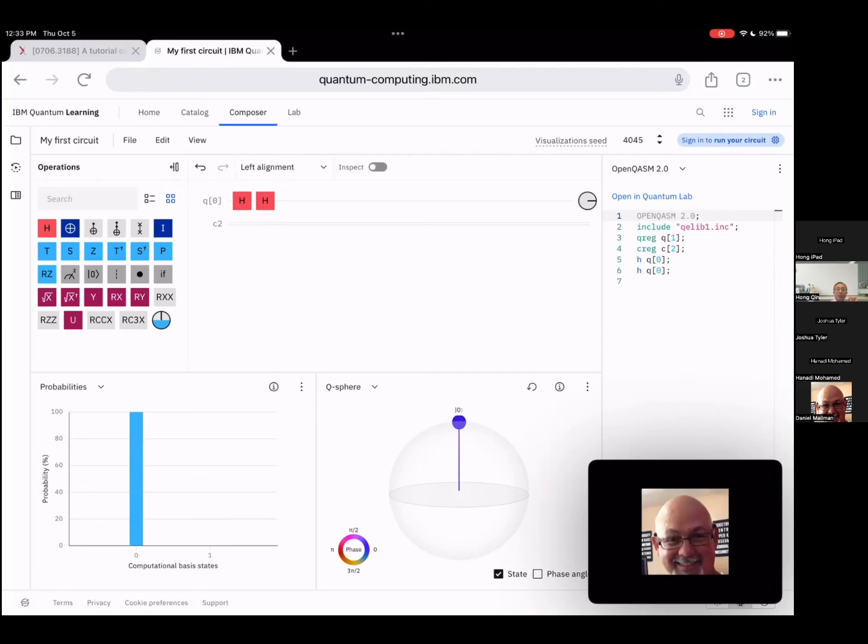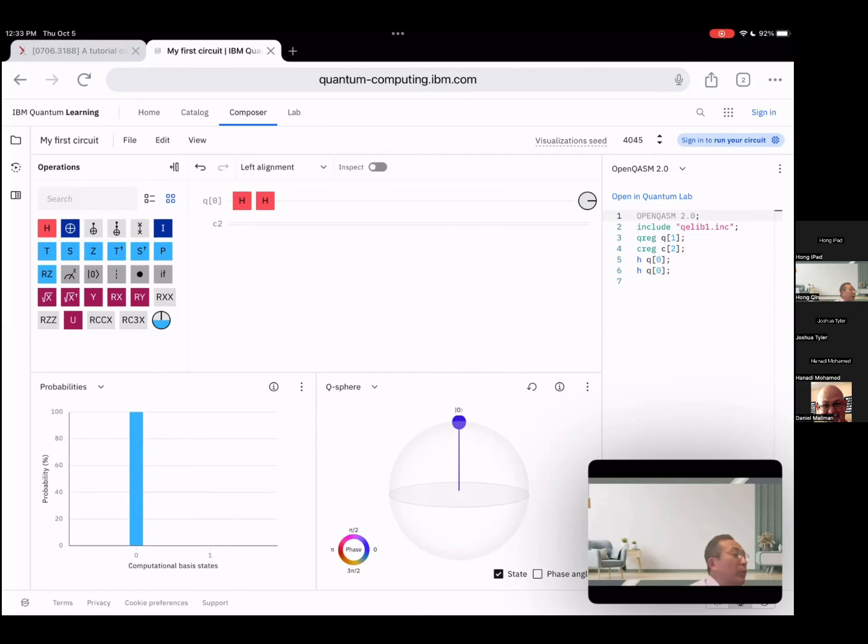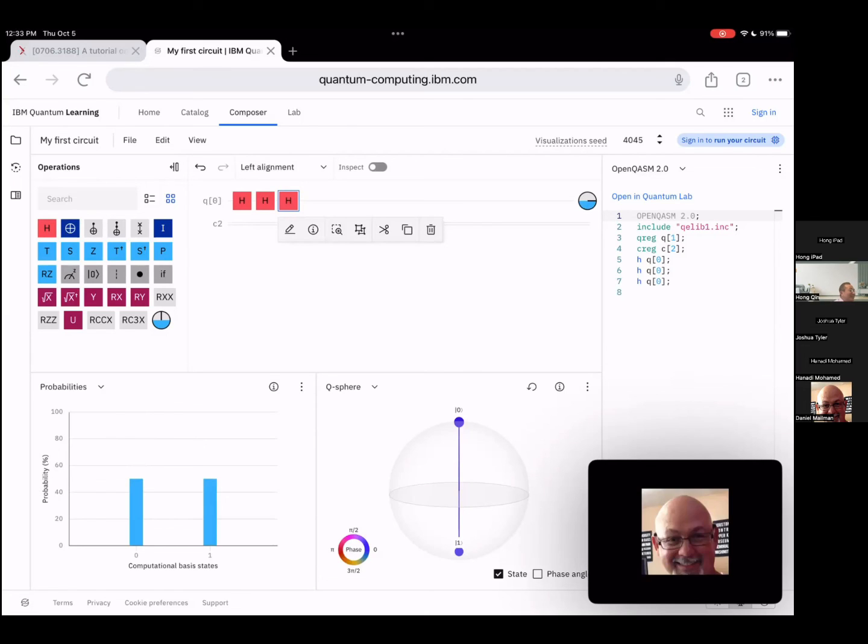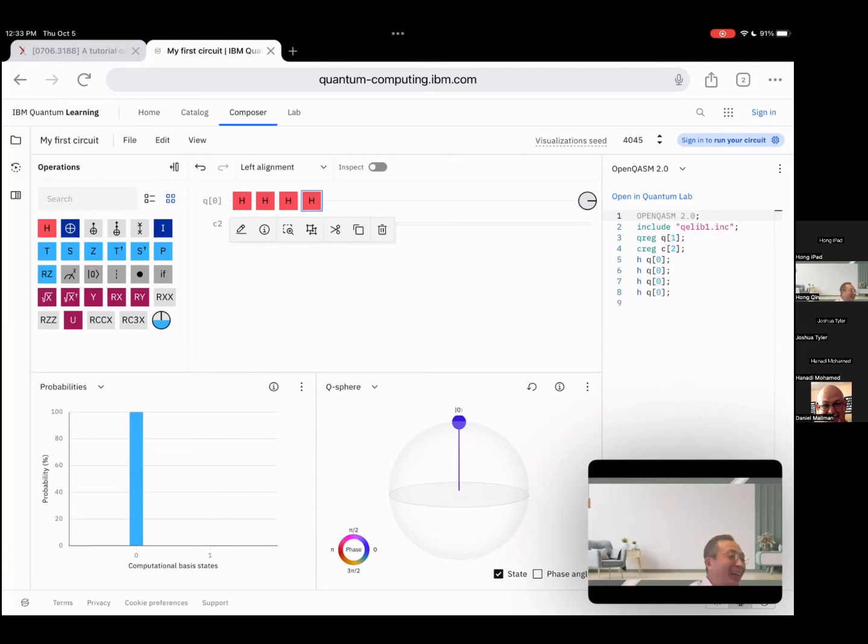Does it continue to interfere if you keep adding Hadamard gates, or does it just stabilize here? Good question. We can try. Interesting. It goes to the original state as if nothing happened.